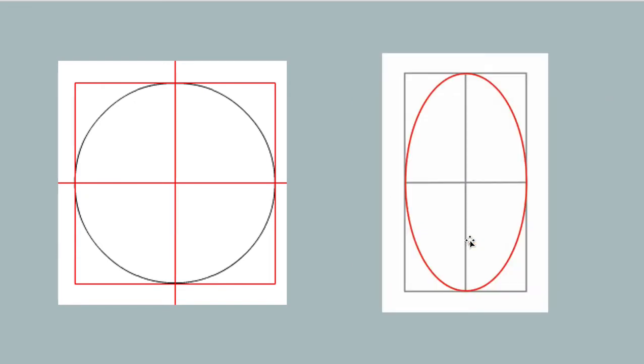And the rectangle can be oriented either way. Now, when we talk about ellipses, we tend to talk about axes, major axis and minor axis. So the major axis will be the longest line, and the minor axis will be the shorter line. In the circle, they're exactly the same, so it doesn't make much sense talking about it that way.